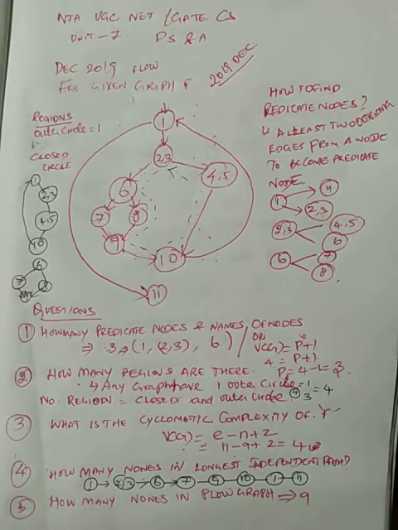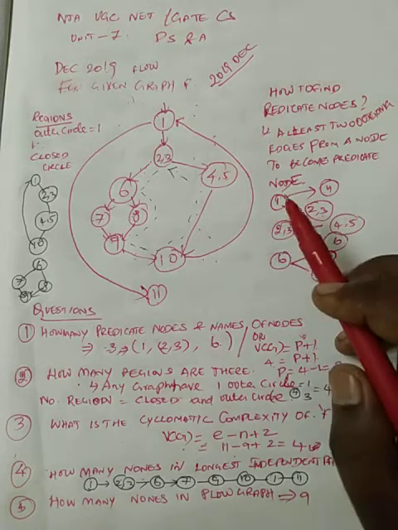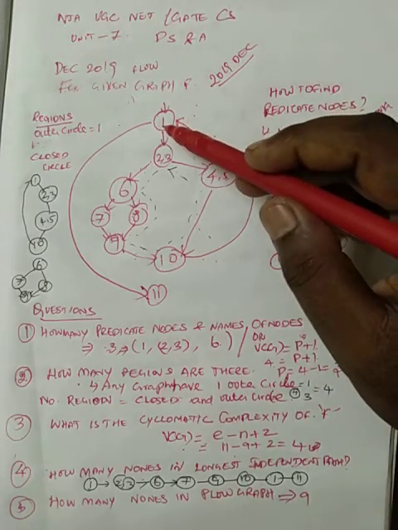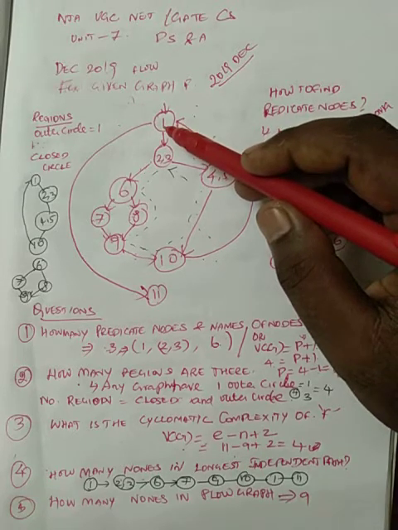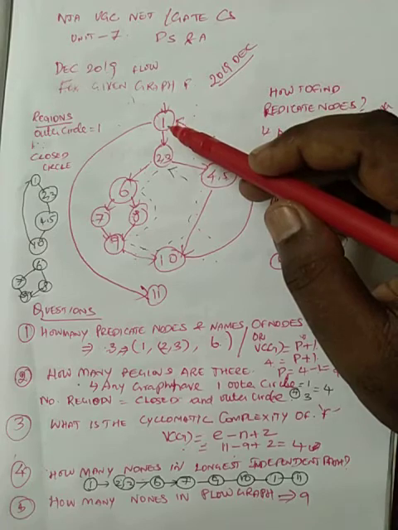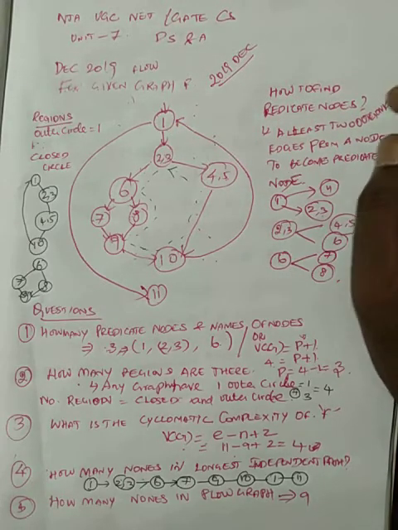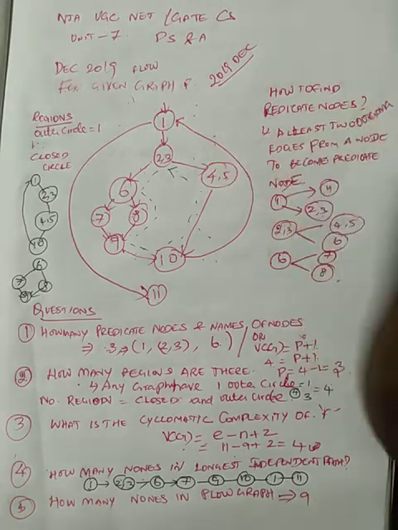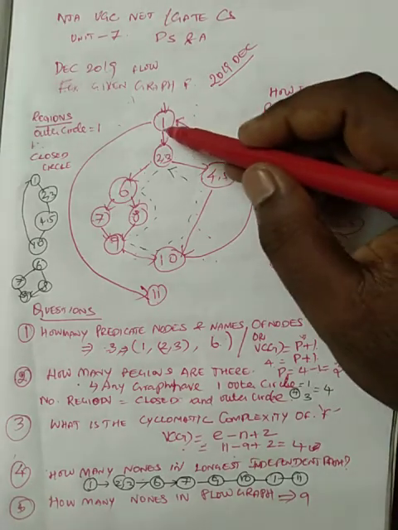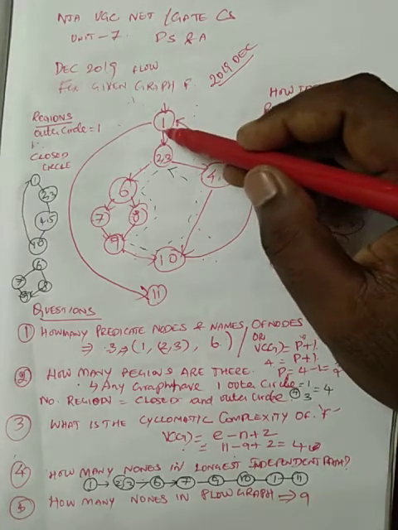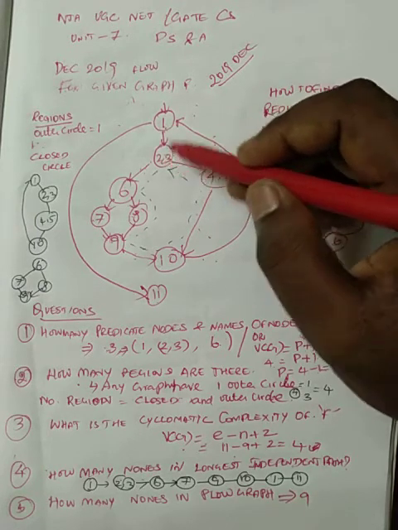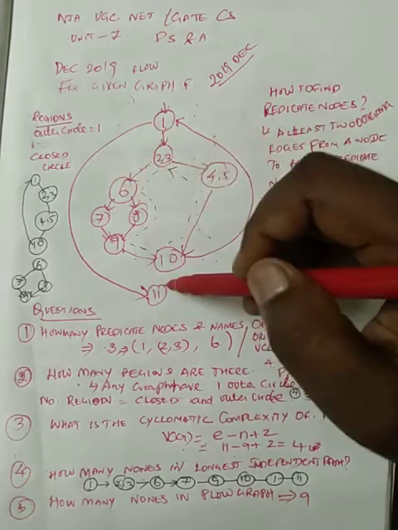What is a predicate node? From the given graph, if you take any node, and from that node at least two outgoing edges are present, then that node is said to be a predicate node. Looking at 1, we travel from 1 to 2,3 and also to 11.